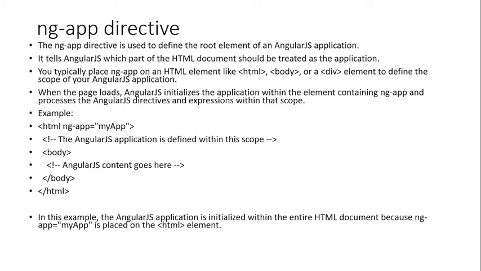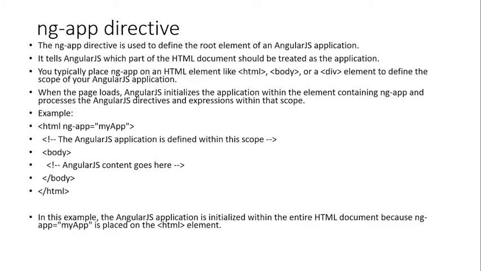When a page is loading, AngularJS initializes the application within the element that contains the ng-app directive, and processes the AngularJS directives and expressions found inside the scope. You can see here in the example we are using HTML and the ng-app directive is used inside the HTML.